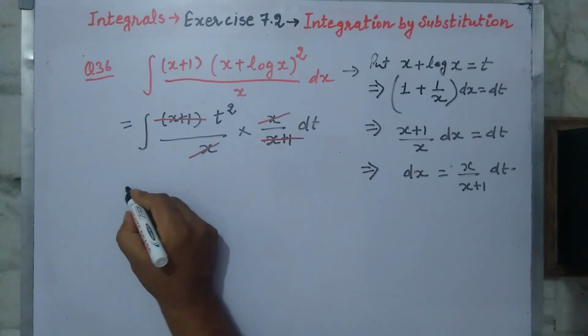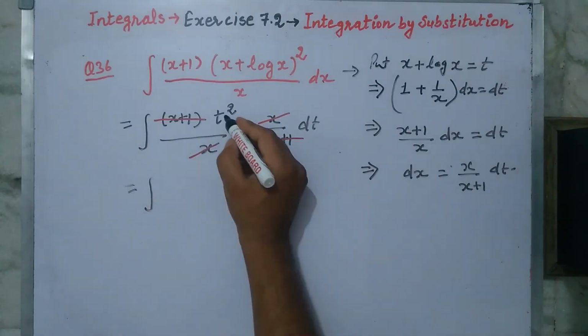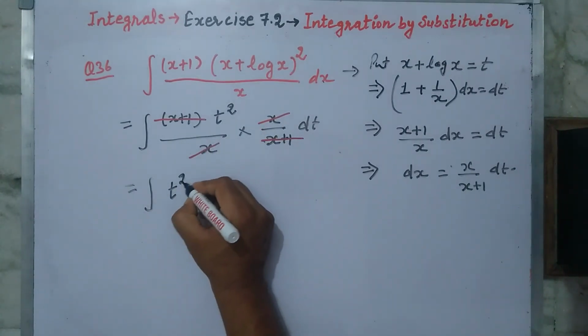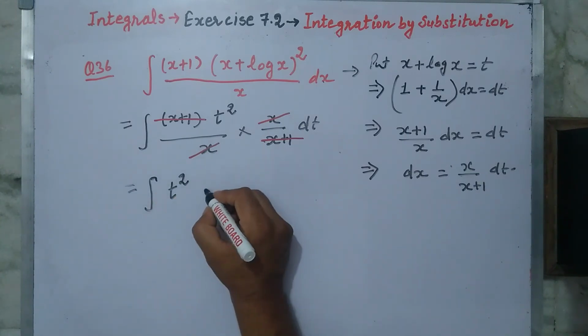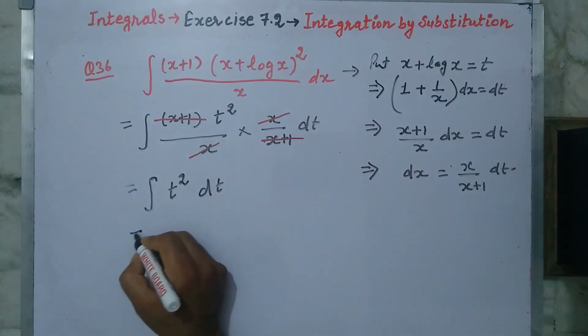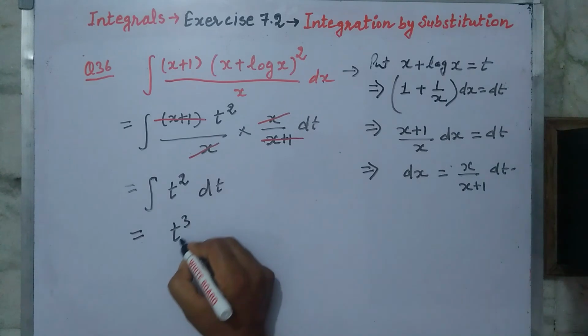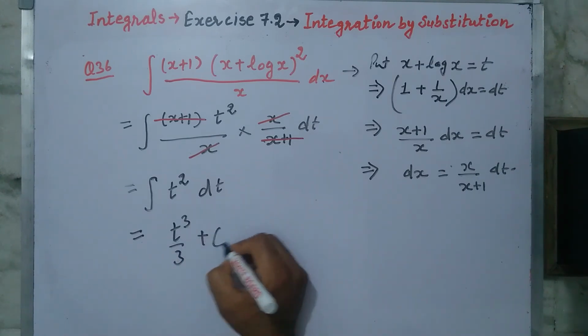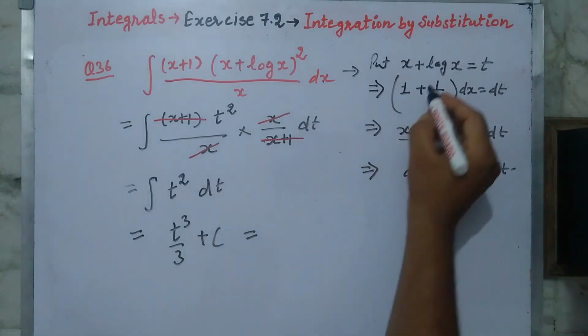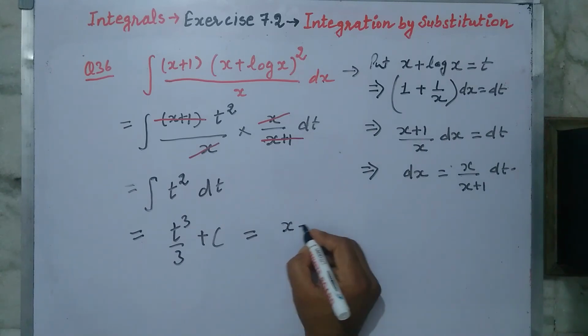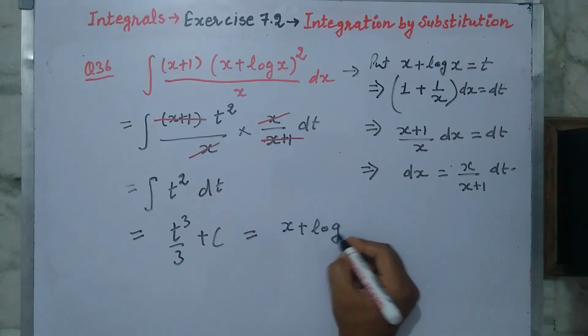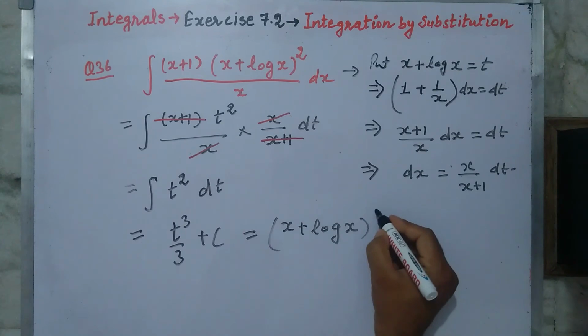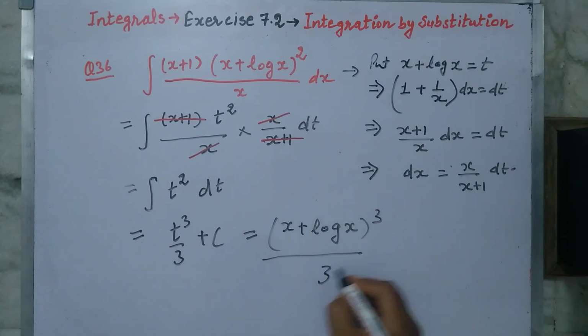So what is the remaining part? T square is the last remaining part into dt. This is equal to t power 3 upon 3 plus c. What is t? X plus log of x whole power 3 upon 3 plus c.